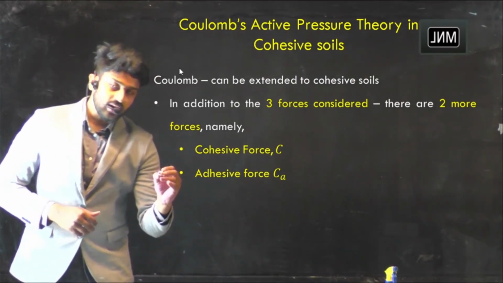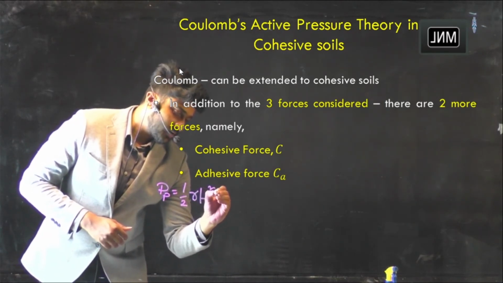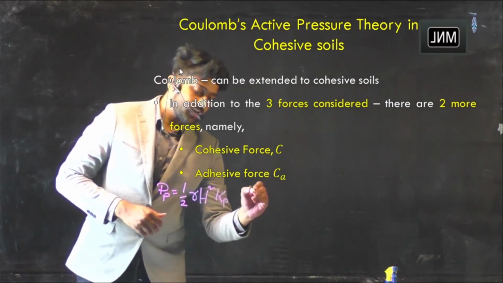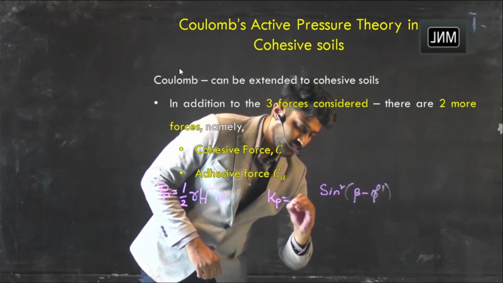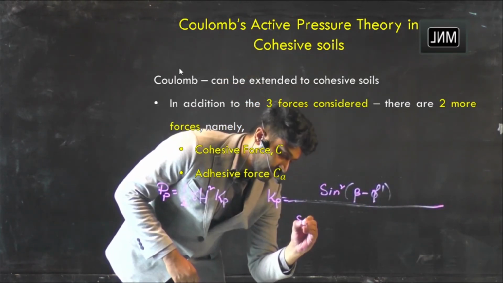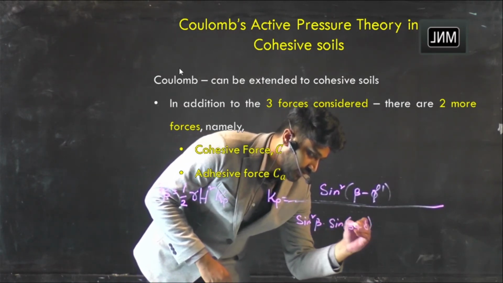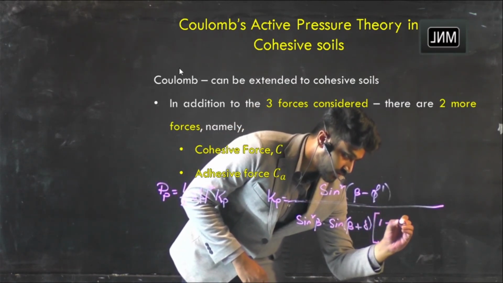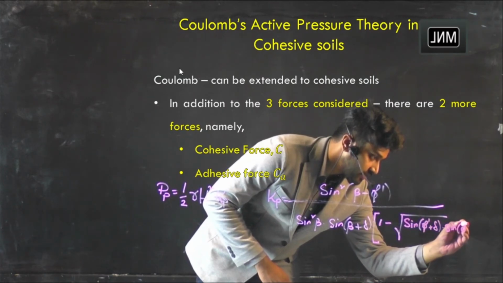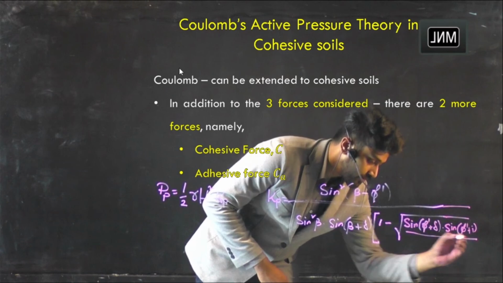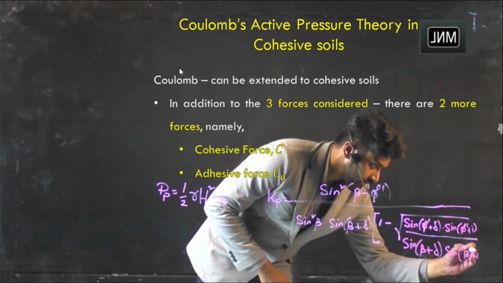In that case also, the value of passive pressure PP is given by half into gamma into H square into Kp, okay, where this particular entity Kp is actually given by sine square of beta minus phi dash by sine square beta into sine beta plus delta whole into 1 minus of root over sine of phi dash plus delta into sine of phi dash plus I, okay, divided by sine of beta plus delta into sine of beta plus I, okay.